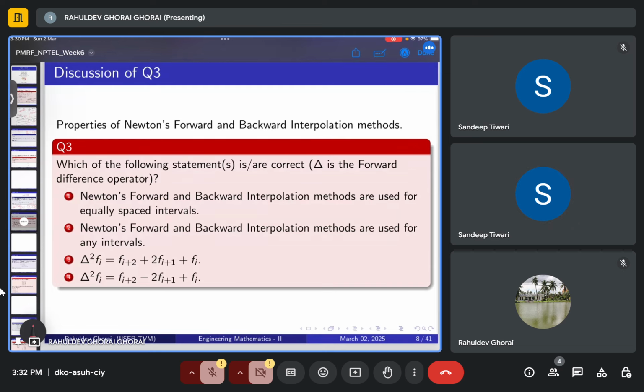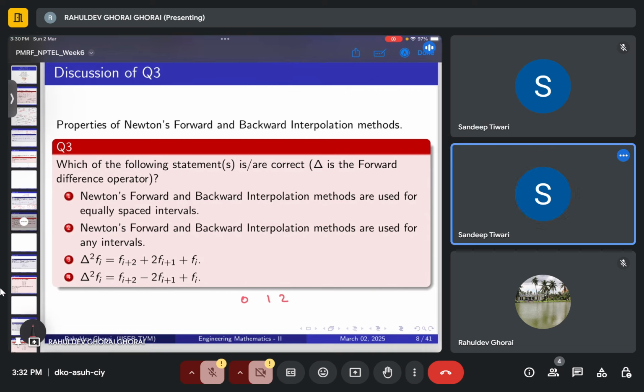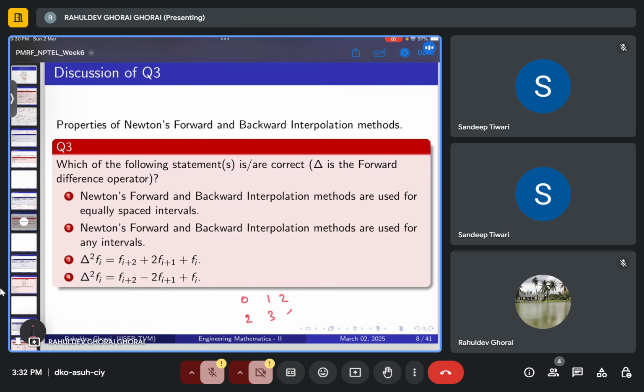So you have, let's say, points 0, 1, 2, 3, 4, and for those you know the value of the function, the f_i. This type of data will be given to you, corresponding to the values 0, 1, 2, 3, 4. Then you need to find what is del f_i, right?